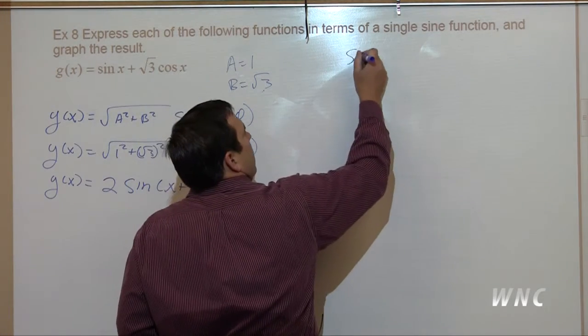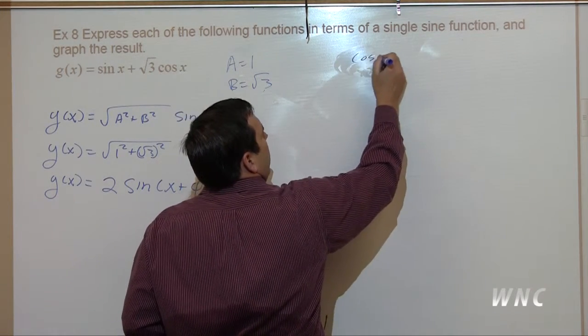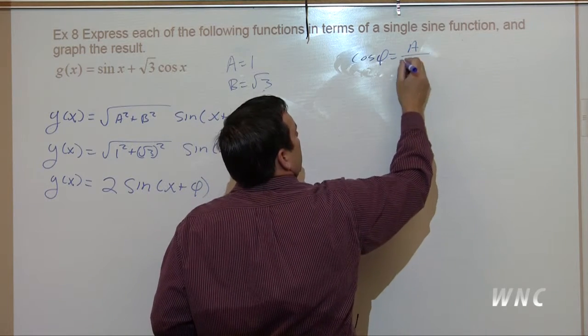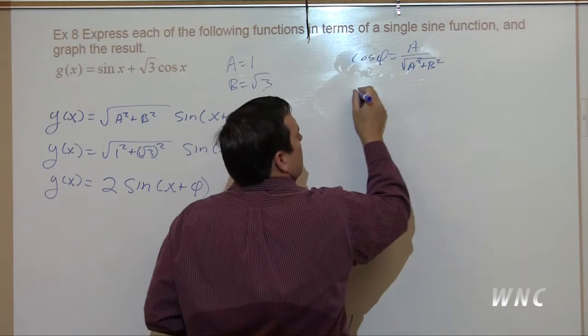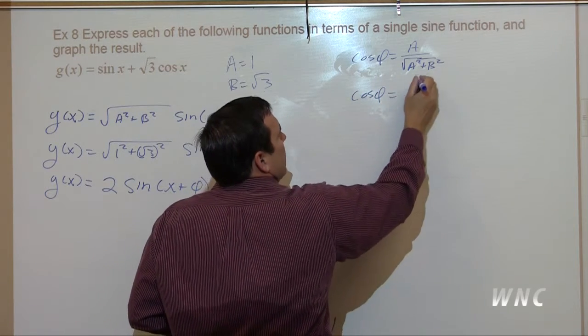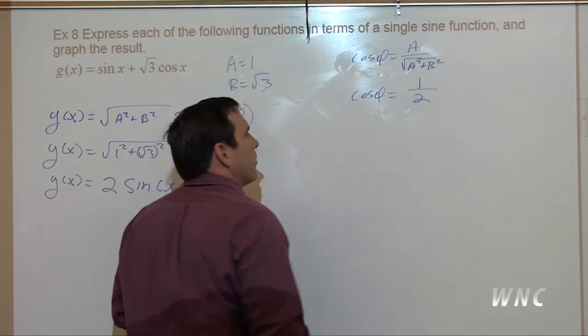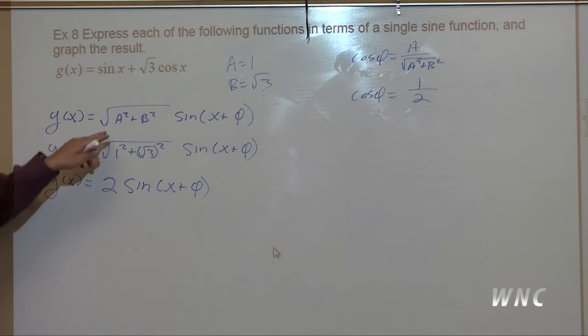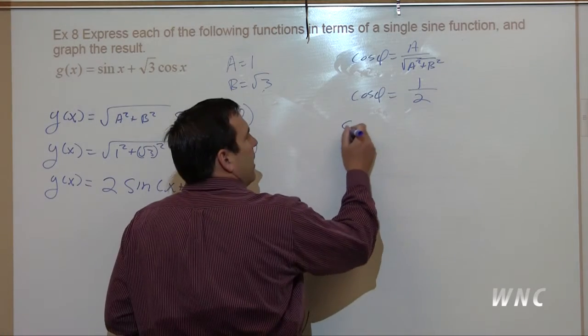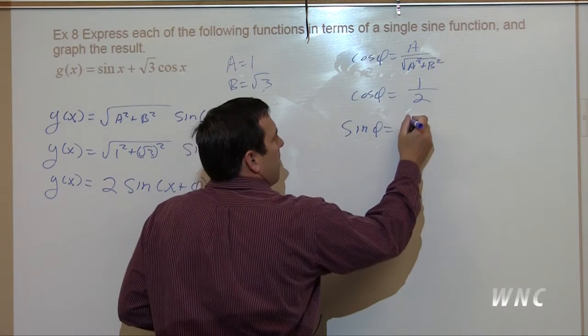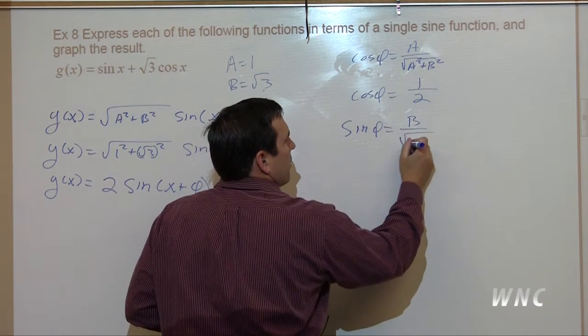Well, let's start with cosine. Cosine of phi is a over the square root of a squared plus b squared. So cosine of phi is 1 over 2, because our square root of a squared plus b squared is 2. Sine of phi is going to be b over the square root of a squared plus b squared.